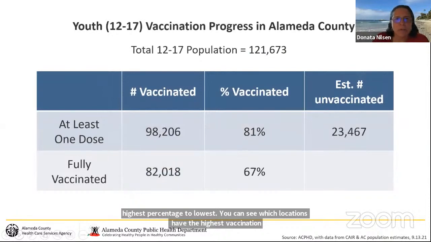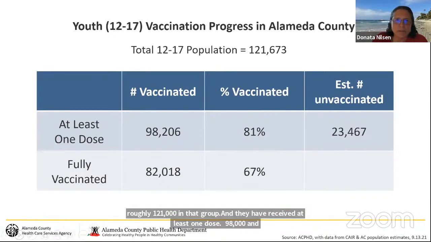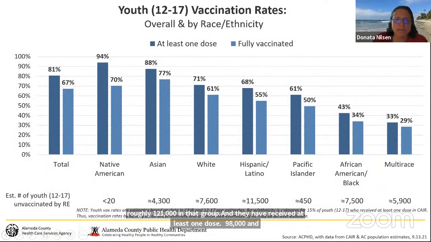And for our 12 to 17-year-olds, we have roughly 121,000 in that group. And they have received at least 1 dose, 98,000, and fully vaccinated, 82,000. So we still have a little bit of work to do here, but estimated about 23,000 that are still unvaccinated.